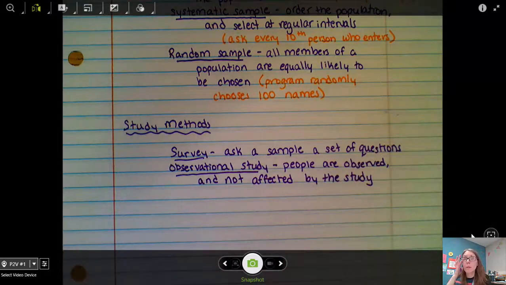I could be doing an observational study with my 3-year-old, looking at how she's interacting with other people and recording data about her, but really she's not affected by what I'm doing.